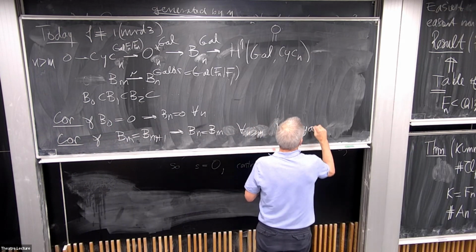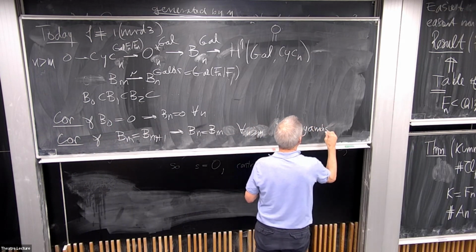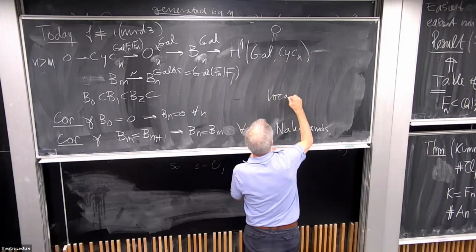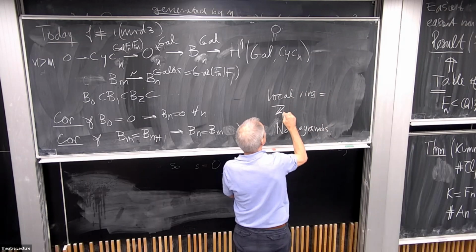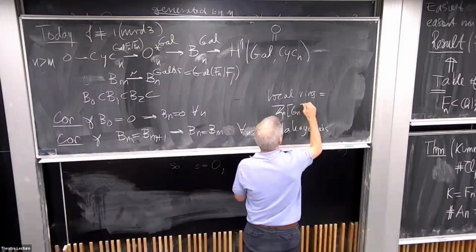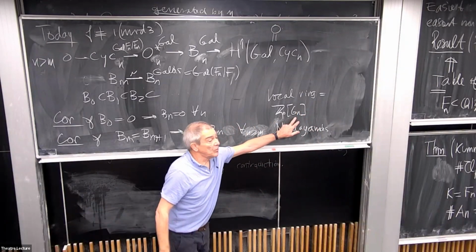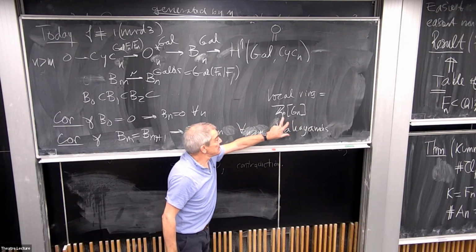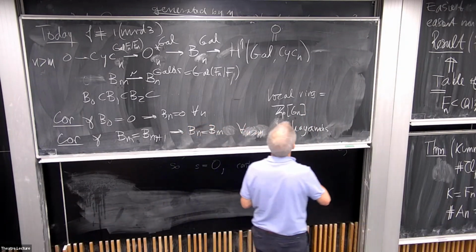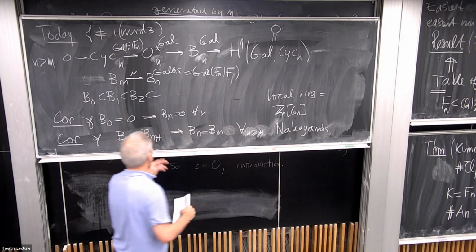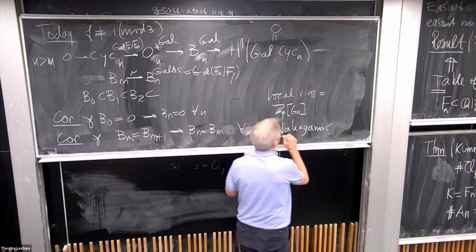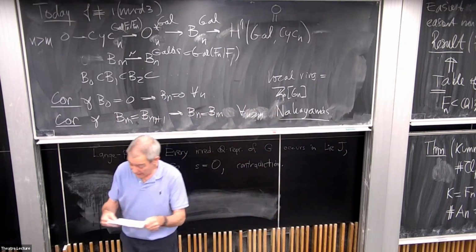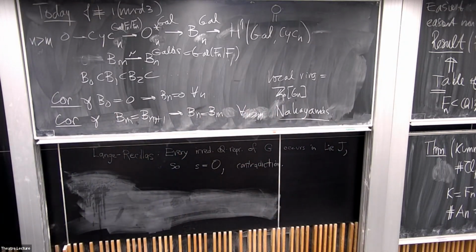Nakayama is a theorem about modules over a local ring, and in this case, the local ring is Z_p[Gn]. This is a finite p-group, and this is the p-adics, and this is a local ring, and the module is the Bm's. And this opens the way to an algorithm to compute this.